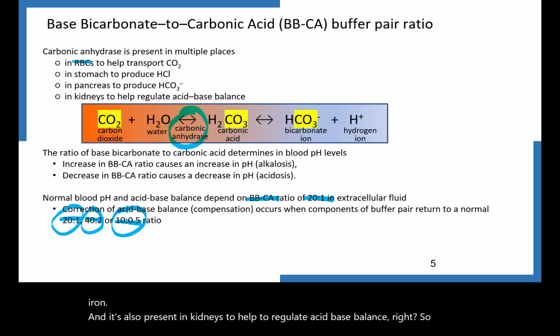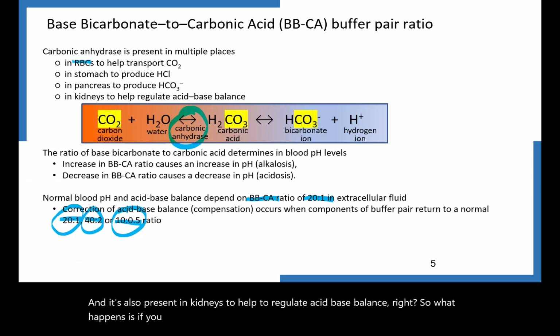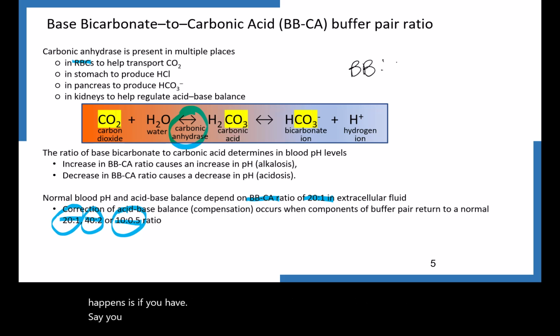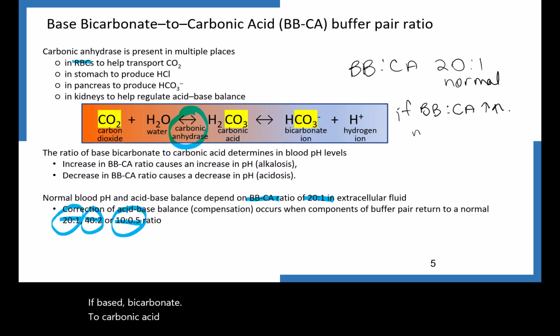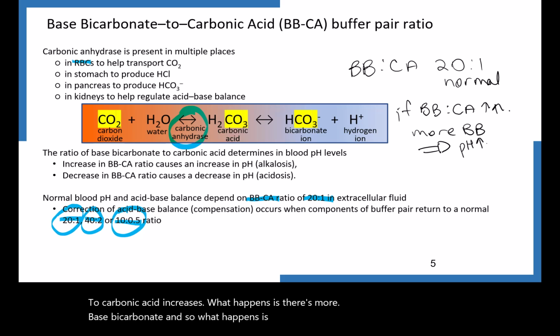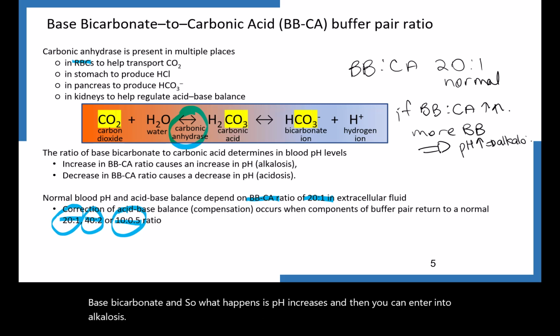So what happens is, say you have the base bicarbonate to carbonic acid ratio of 20:1, that is normal. If the base bicarbonate to carbonic acid ratio increases, there's more base bicarbonate, and so pH increases, and then you can enter into alkalosis, right?